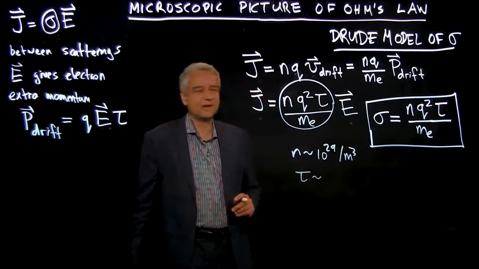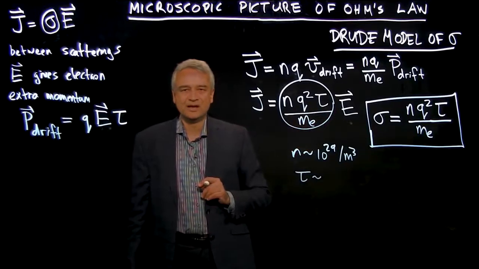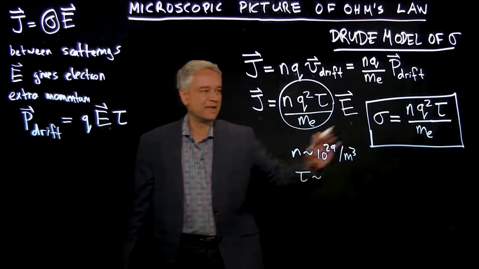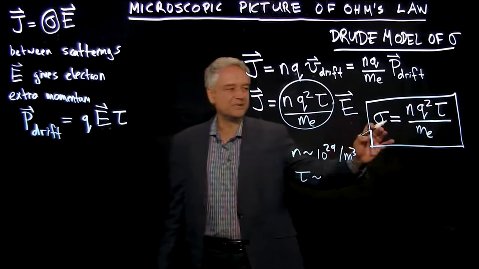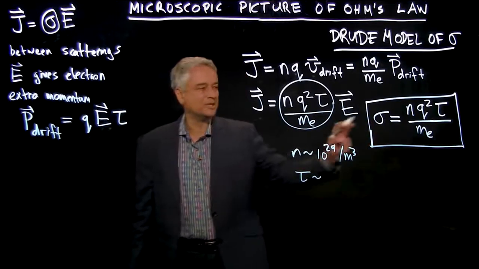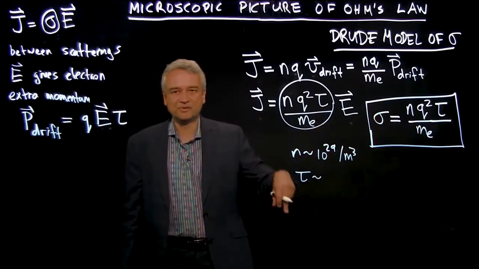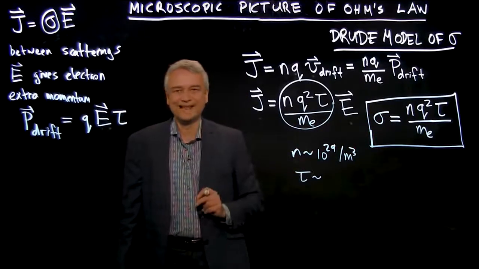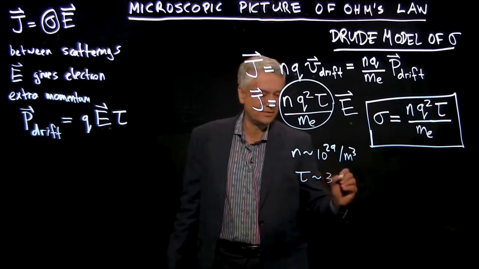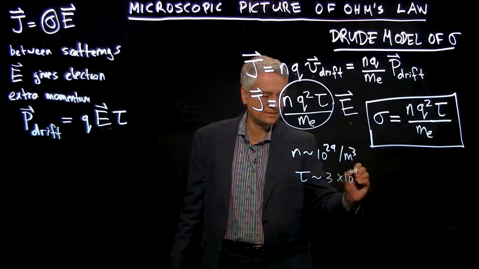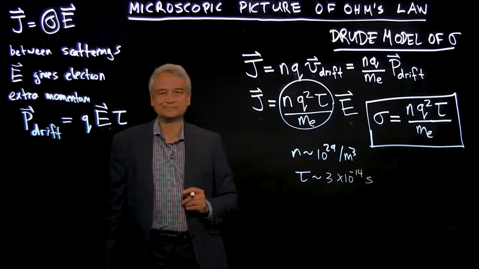Well, from Drude's result here, you can actually get a sense of tau using the measured value of sigma. So you can go look up the conductivity of copper. And using the conductivity of copper and this expression, you can then reverse engineer it and pull out an estimate for tau. And when you do that, it turns out that tau is about 3 times 10 to the minus 14 seconds. That's the time between scatterings for electrons in copper.